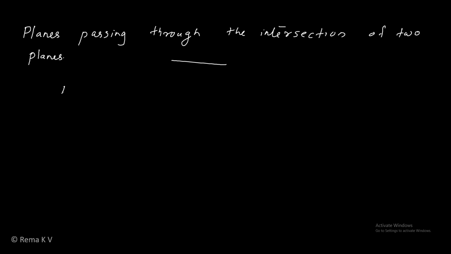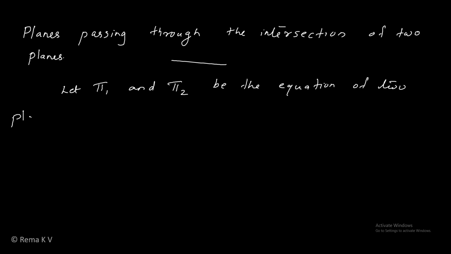So let pi 1 and pi 2 be the equation of two planes given by vector r dot n1 cap is equal to d1 and vector r dot n2 cap equals d2.